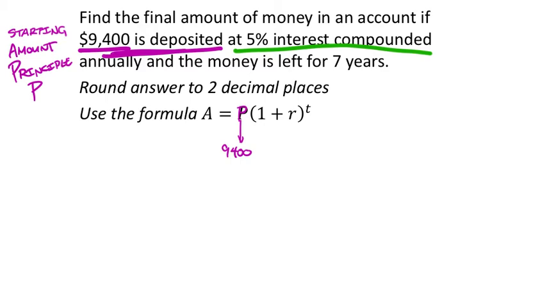I guess we saw 5% already changed to a decimal, so I can maybe skip that. Again, if you're going to be using the calculator to just punch this in, just type in 5%. That's fine. The calculator will know what to do. The last value they gave us, here's the time. That's in 7 years. So that is the exponent t in the formula. T for time, time in years, 7 years.